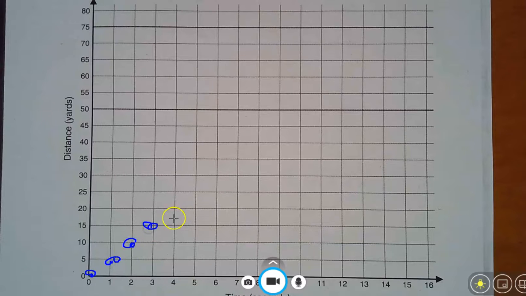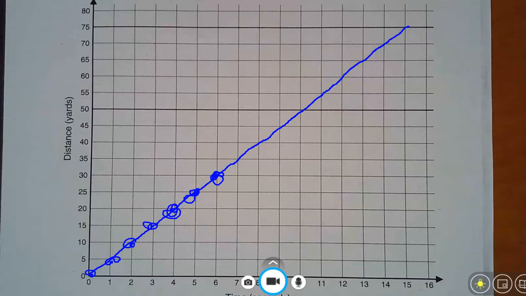So it would be really easy, although I'm probably not going to do a very good job, to extend this line for Eli past the 60 yards, which is right there, but keep on going in his same rate of speed up till 75 yards.